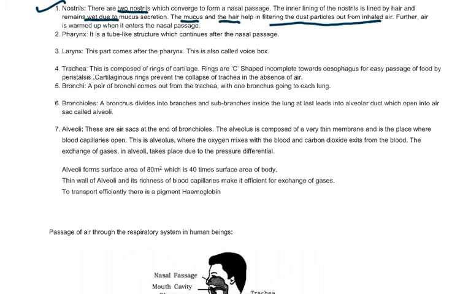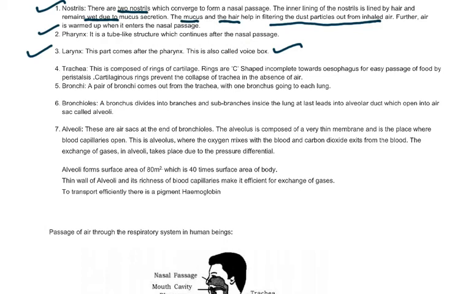Now, the nasal passage opens into the pharynx through the internal nares. As we move further, the pharynx leads into the larynx, or the first part of the windpipe. The larynx is a cartilaginous structure, also known as the voice box. This larynx has an opening which is guarded by the epiglottis.